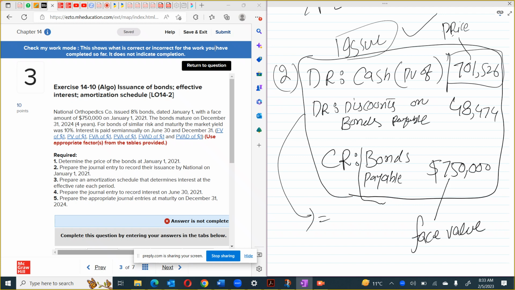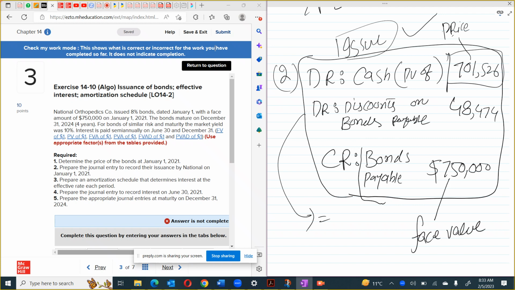Then I need the 30th June 2022, then December 2022. Now it is completed. So last period is 30th June 2023 and December 2023. So the period is completed.